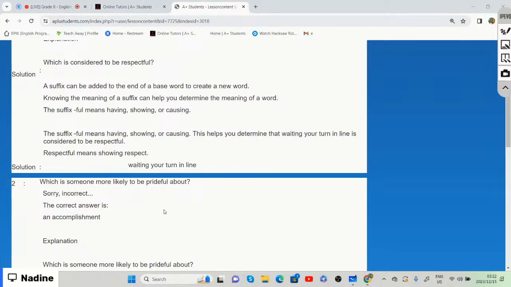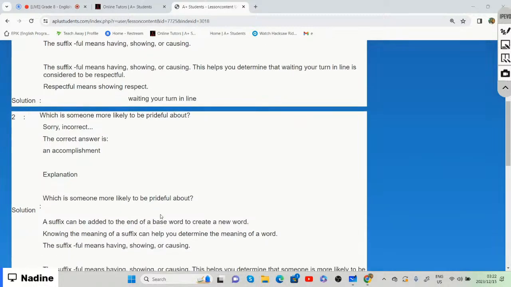Which is someone more likely to be prideful about? Prideful, where they are feeling proud. And something that someone is more prideful about, we can say it is an accomplishment. So when people get any forms of accomplishments, right, then that is quite prideful.